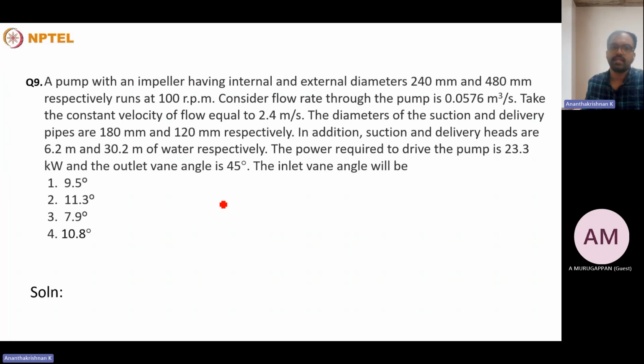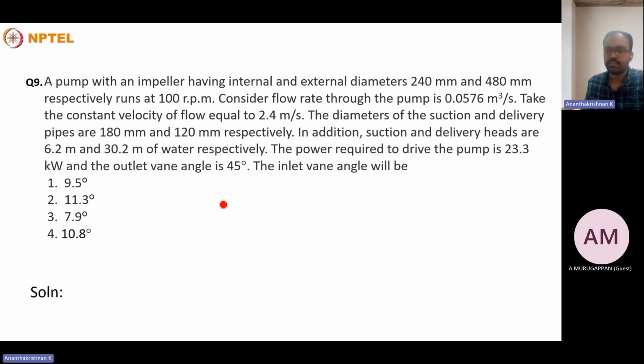The diameters of the suction and delivery pipes are 180 mm and 120 mm respectively. In addition, suction and delivery heads are 6.2 meter and 30.2 meter of water respectively. The power required to drive the pump is 23.3 kilowatt and the outlet vane angle is 45 degree. The inlet vane angle will be which one of the following options: 9.5, 11.3, 7.9, or 10.8?